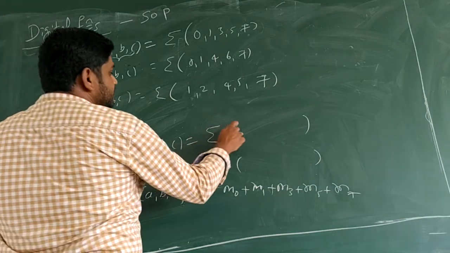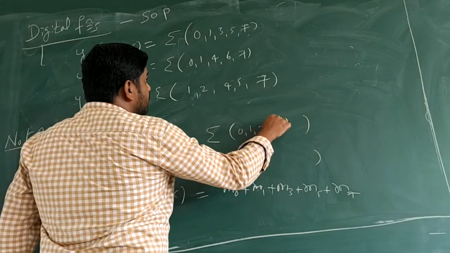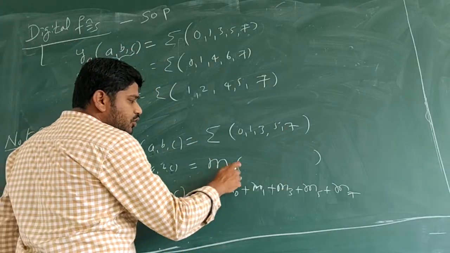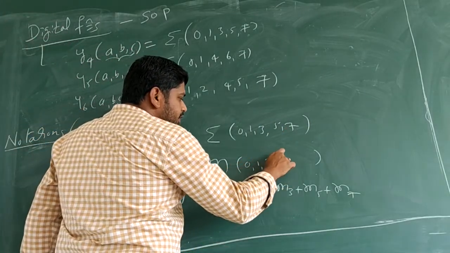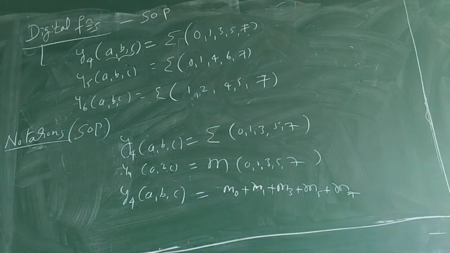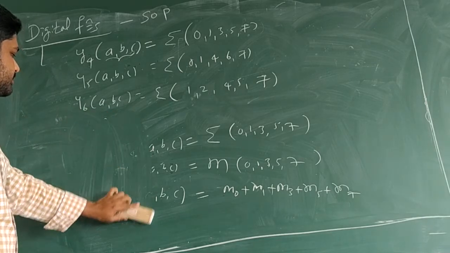So here summation 0, 1, 3, 5, 7, or also small m of 0, 1, 3, 5, 7, or the third notation: m naught plus m1 plus m3 plus m5 plus m7, like this. Okay, so these are the notations.